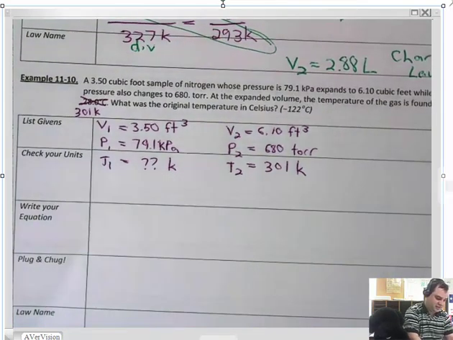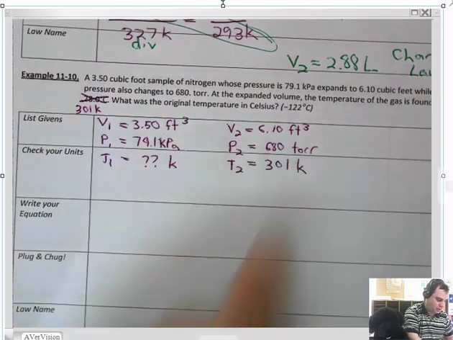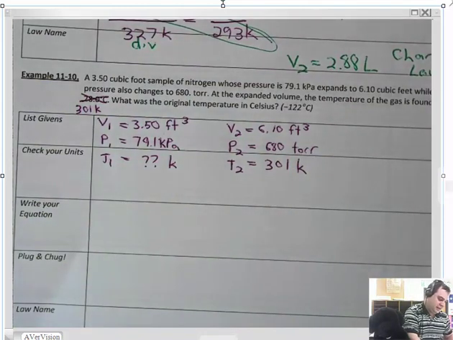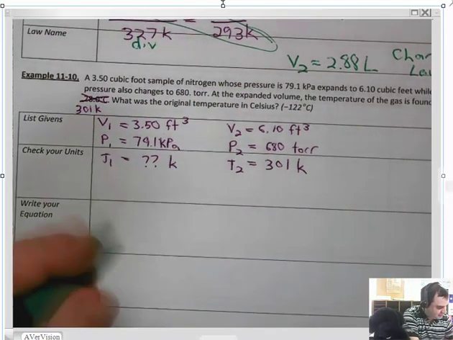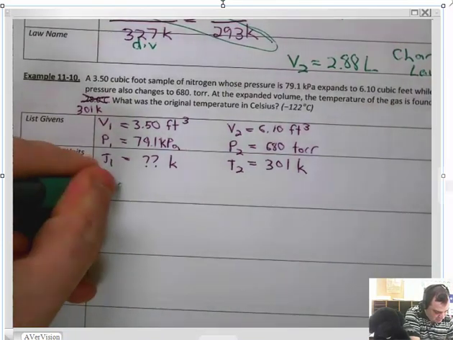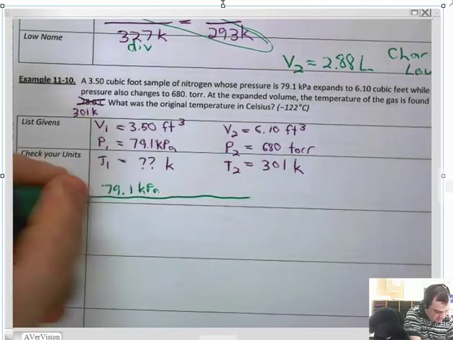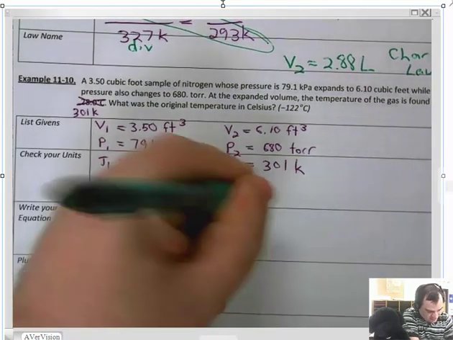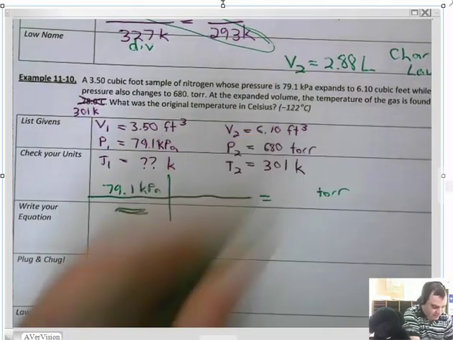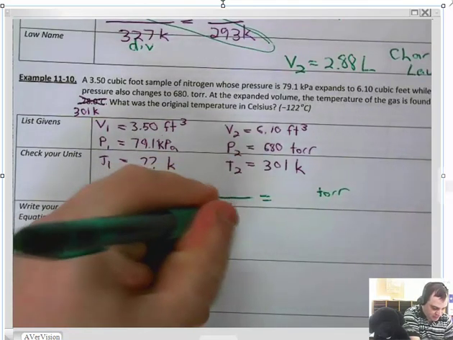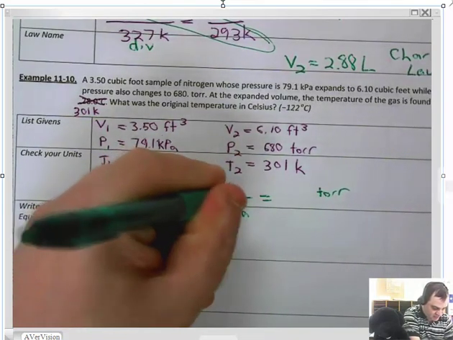Now we're going to check our units. Feet cubed, kilopascals, torr. Oh, that's not good. So we're going to take our 79.1 kilopascals, which is not okay, and convert it over to torr. kPa on the top, kPa on the bottom. What are you going to convert to? Torr.